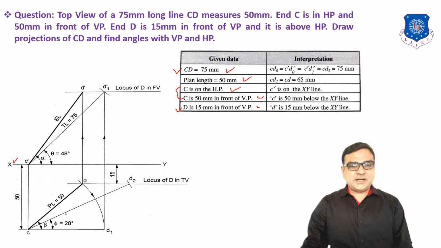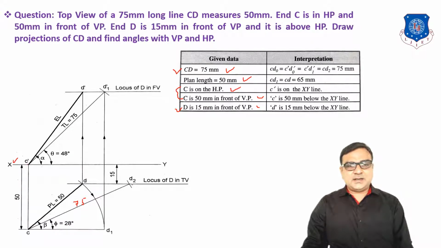Now, with C as center and true length 75 mm as radius, draw the arc on this line, which is denoted by D2. Join C D2, which is the true length. Once you draw C D2, you can draw an angle of 28 degrees.